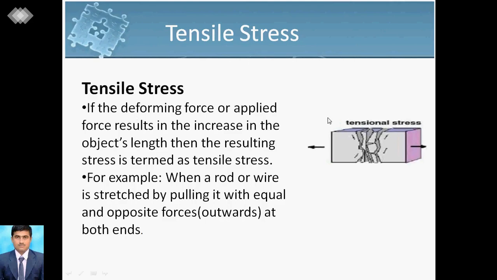In other words, if the deforming force or applied force results in an increase in the length, that is called tensile stress. And here the pulling of the rod, or wires, is applied by equal and opposite forces at both ends.